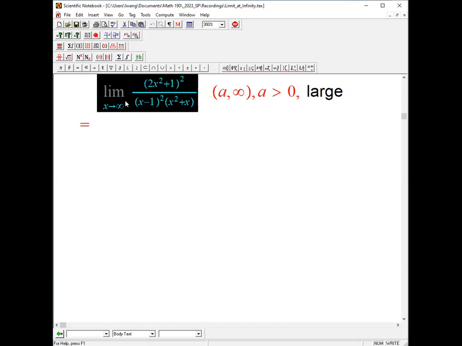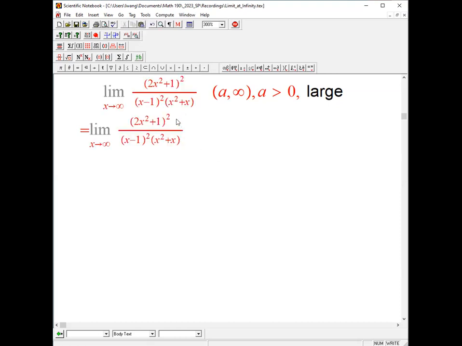So what I would do is that I'm going to separate the top, 2x squared plus 1 squared. I'm going to make it into 2x squared plus 1 times 2x squared plus 1, right? Nothing changed. I just changed the way to write it.